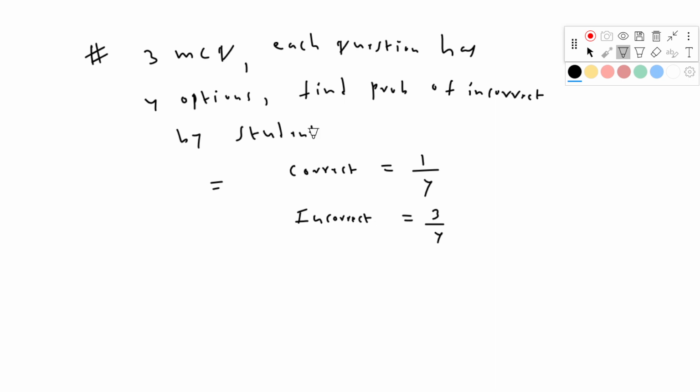So totally 3 MCQs are there. So I can write 3 by 4 into 3 by 4 into 3 by 4. Yes. So if you calculate this, your answer is 27 by 64. Right. So these are the questions.